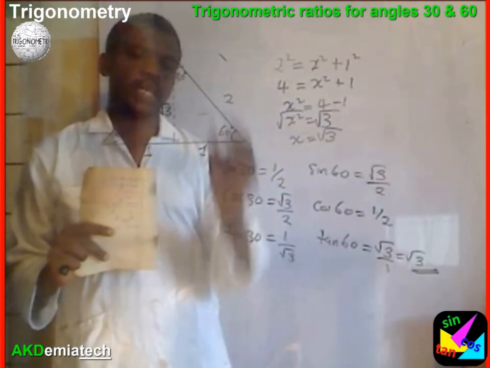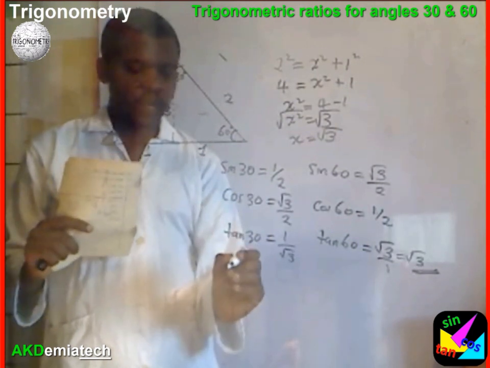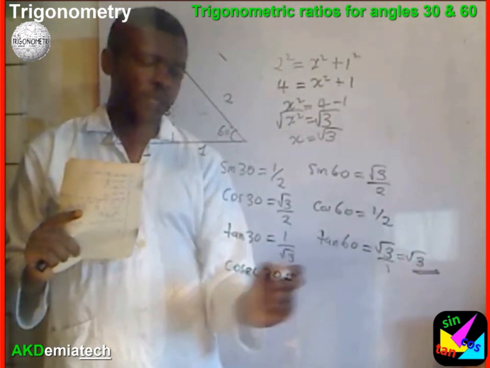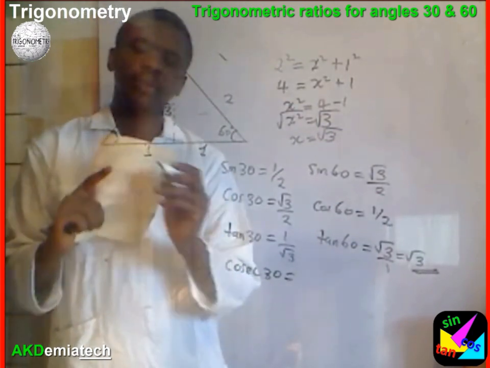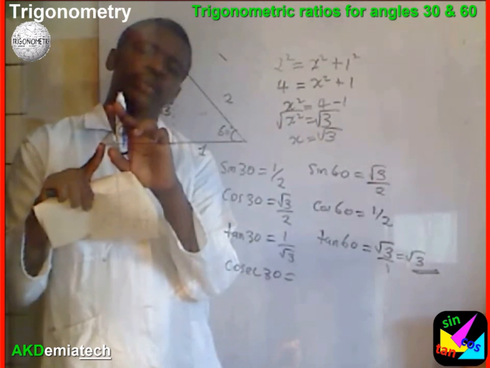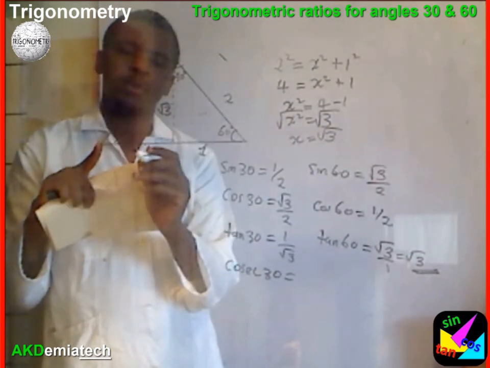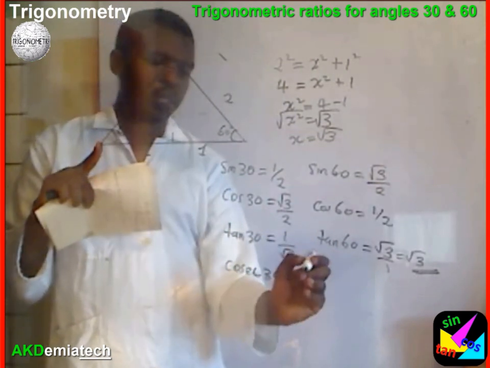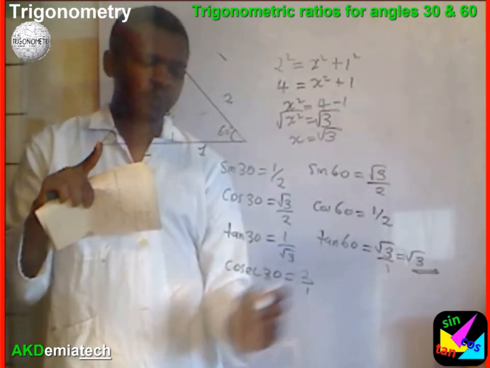So let's get the other ratios here. Cosec 30 is equals to hypotenuse all over opposite, this is 2 all over 1.